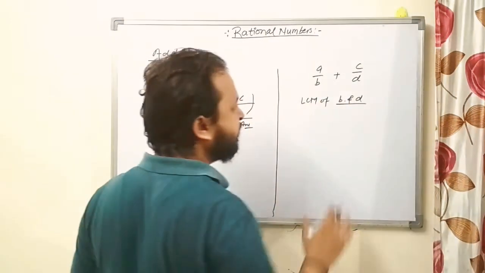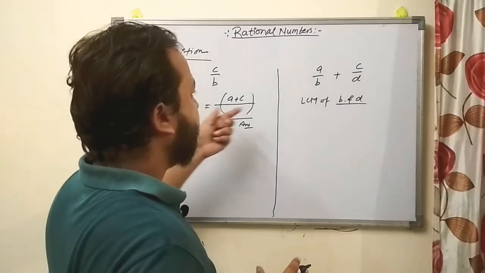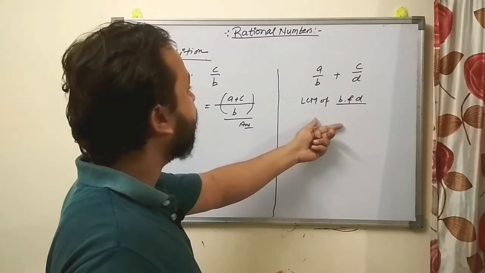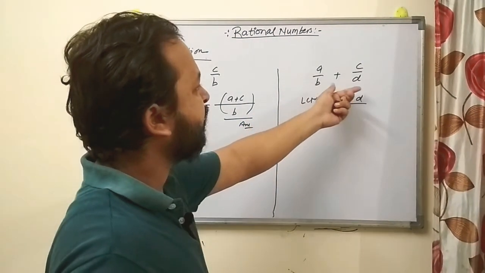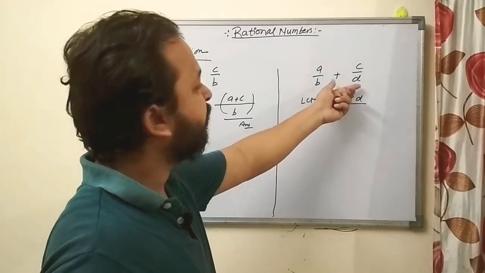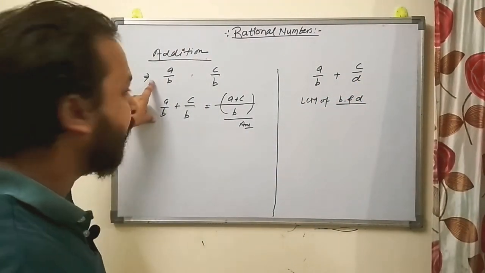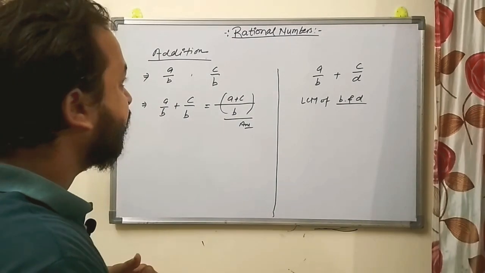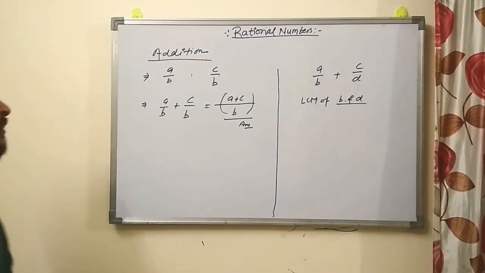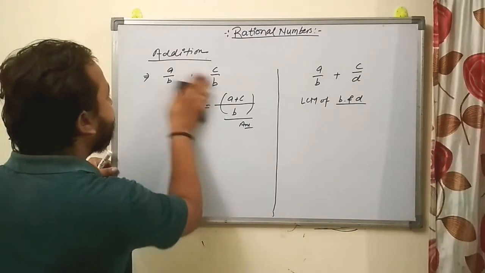After getting the LCM, we make the denominators the same, and after that follow the first part, right? So let's take an example and solve it.